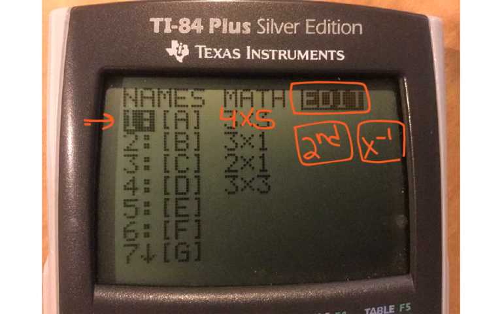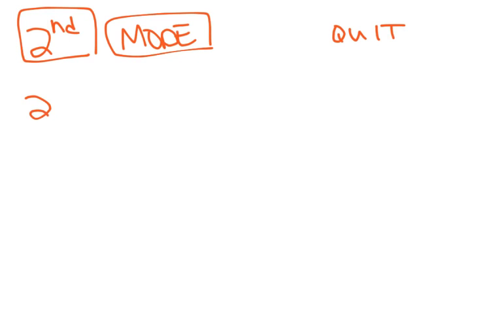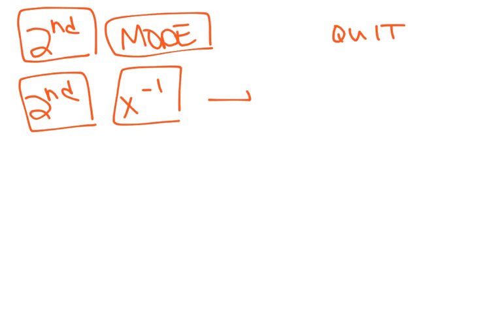After you type in your numbers, you're going to do second mode, that's quit. And then you're going to go back into matrix again. But this time, you're going to arrow to math.